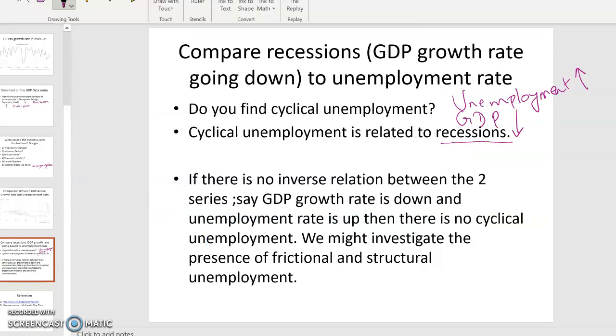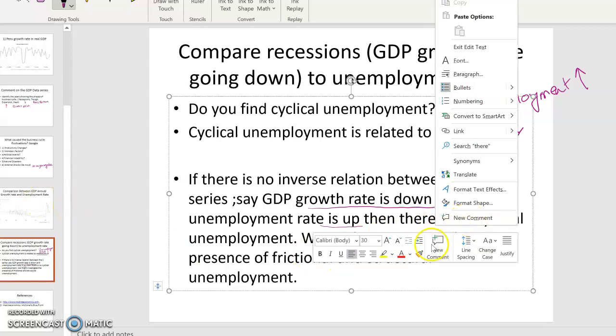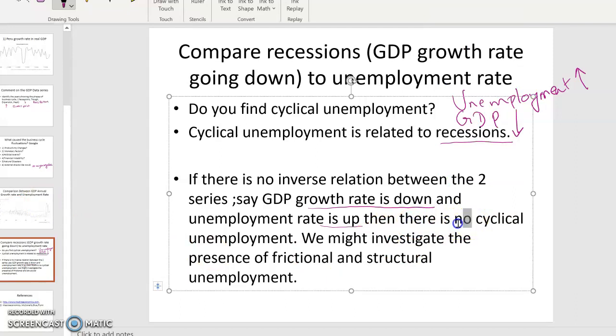Another thing, depending on the economy you are working with, you might not see any inverse relation between these two data series. If you see the GDP growth rate going down and unemployment going up, there is cyclical unemployment.